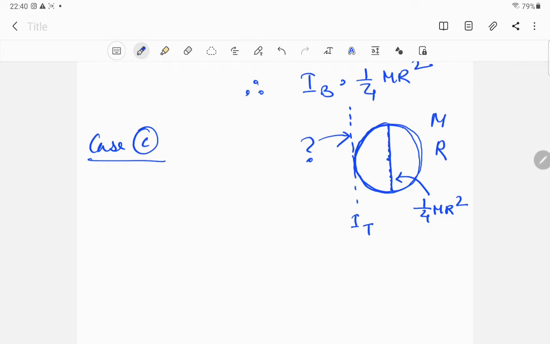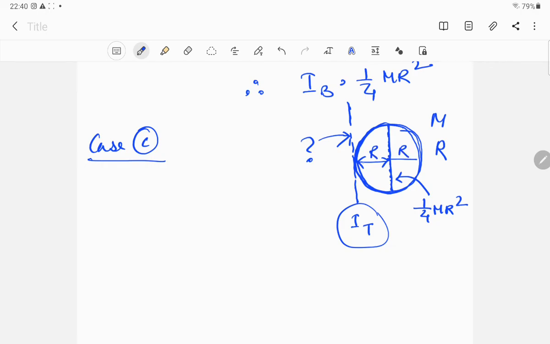The moment of inertia of a body about any axis, like IT about this particular axis, is equal to the sum of the moment of inertia of the body about a parallel axis passing through its center of gravity and the product of its mass and the square of the distance between the two axes. If this is of radius r, so this distance is also r.